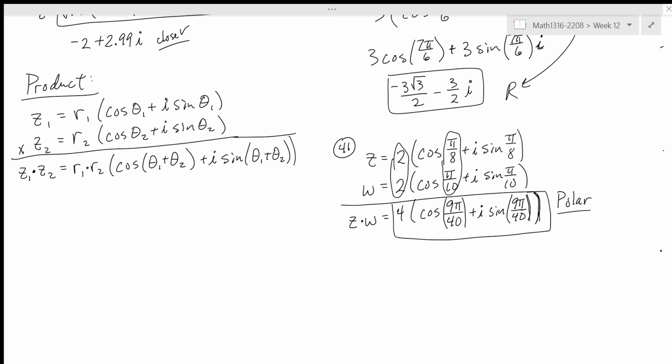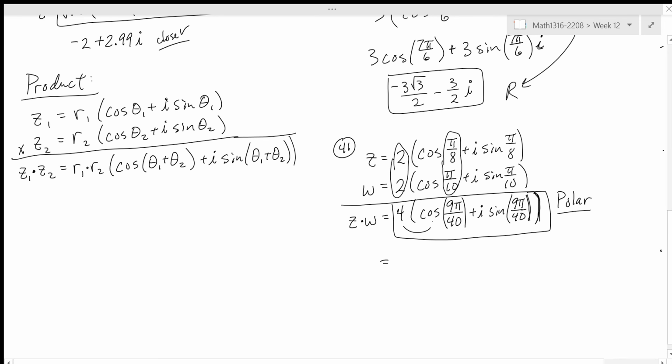But what if it says write your answer in rectangular form? Well, then you're going to have to push buttons. So let's go ahead and write that in rectangular form also. On your calculator, you're going to have to do 4 cosine 9 pi over 40, rounded to 2 decimal places.